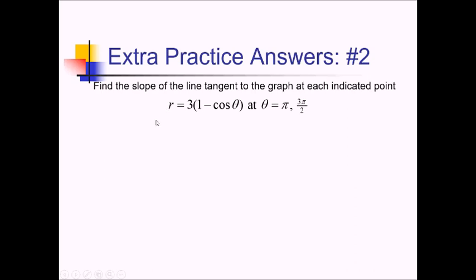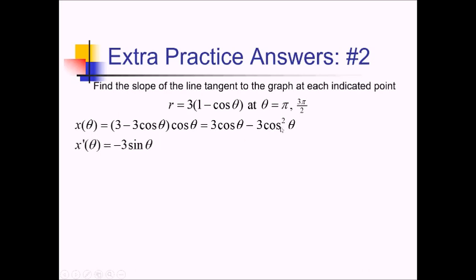So for x of theta, that's going to be r times cosine of theta. So distributing this 3, we've got (3 minus 3 cosine of theta) times cosine of theta. So r cosine of theta. And then I'm going to simplify this before I take the derivative. So that's 3 cosine of theta minus 3 cosine squared of theta. Taking the derivative now, that's going to be -3 sine of theta.